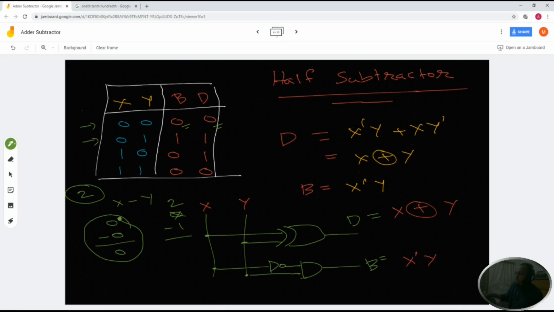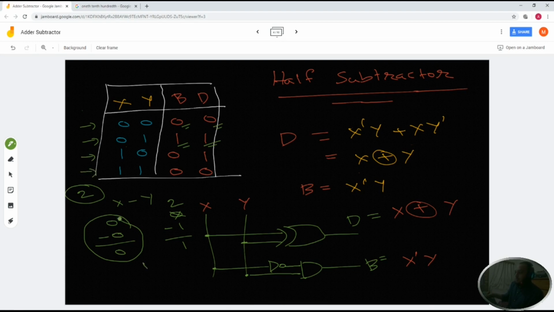So we do the subtraction from 2. We find the result as 1, because 2 minus 1 equals 1, and this is the result for difference. And as we borrowed 1 from the next position, the result of borrow will be 1 here.